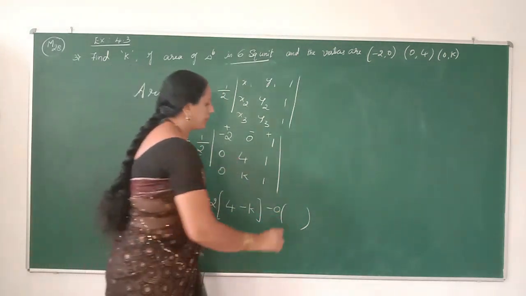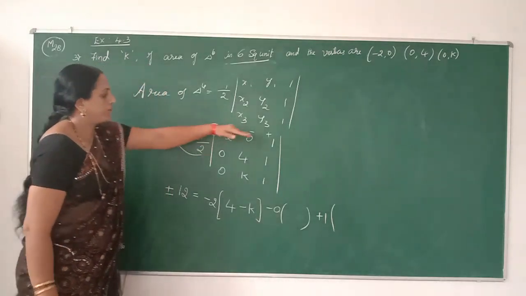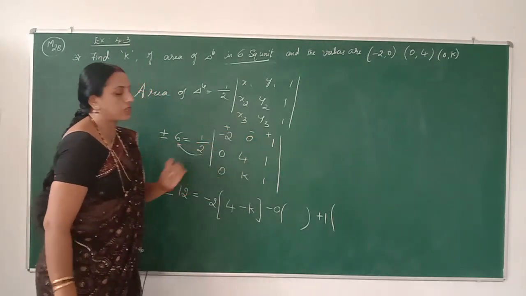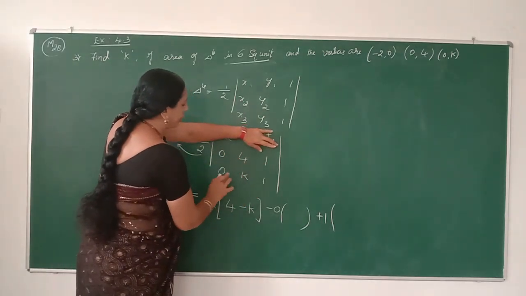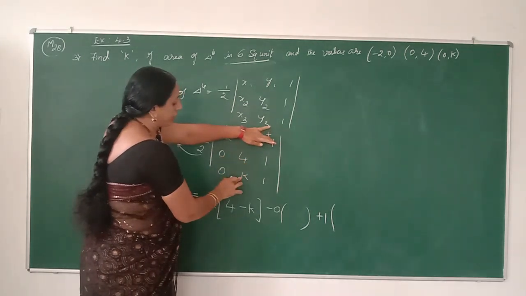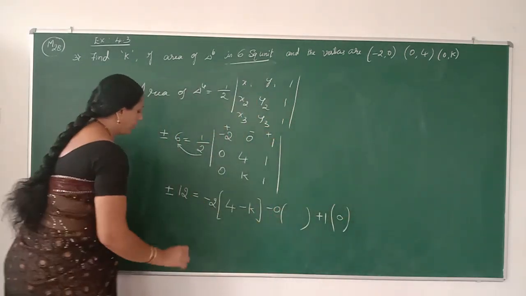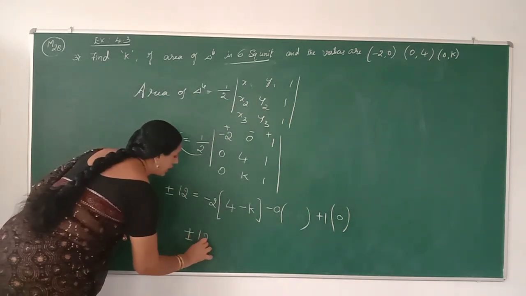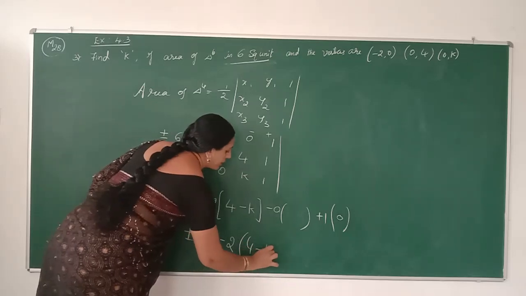Then the third element is 1. Now 1 is the element of the first row, last column, and these elements get neglected. The remaining get cross multiplied. Again both will be 0. 0 into k is 0. 4 into 0 is 0. Therefore, plus or minus 12 is equal to minus 2 into 4 minus k.